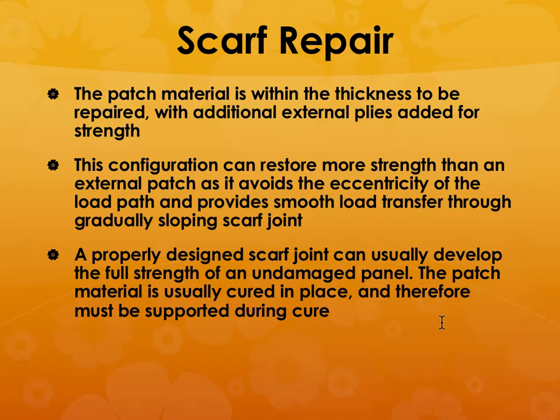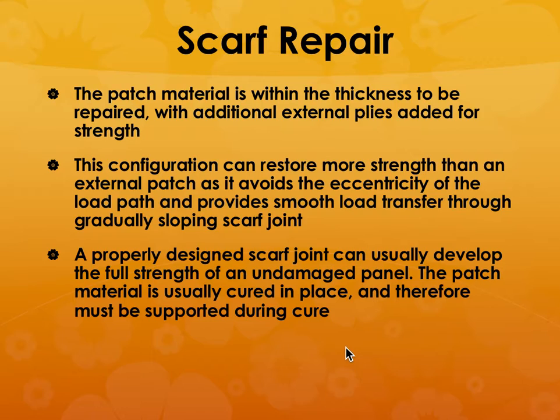Scarf repair would be, so you are adding external plies for strength, and this configuration is the best type of repair method, and it provides smooth load transfer through a gradually sloping scarf joint.